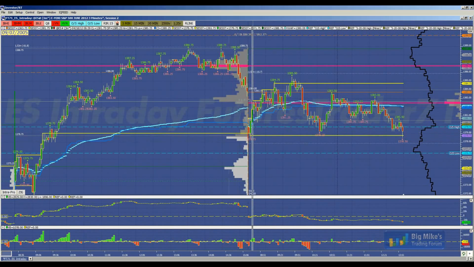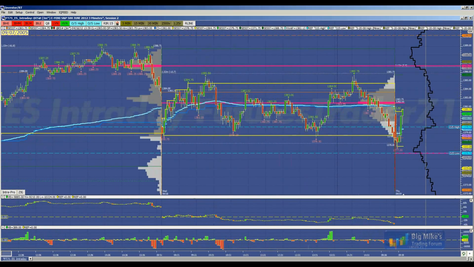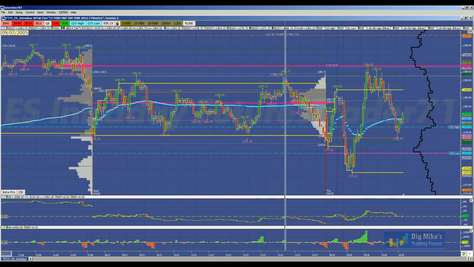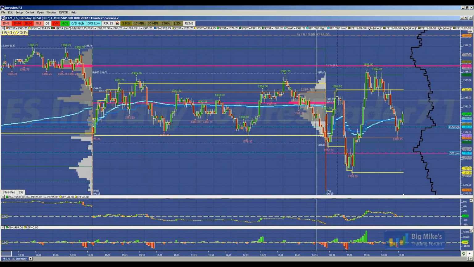The buyer kicked in, and the seller came in and held prices off at this high volume node, and then we went sideways for a little bit. Then it broke to the next side, to the other side of the low volume, and it continued up, and it tried to reach for the most traded price of the prior day, and it couldn't. Okay? 2 tries, 85.75, 85.50, just couldn't get it.